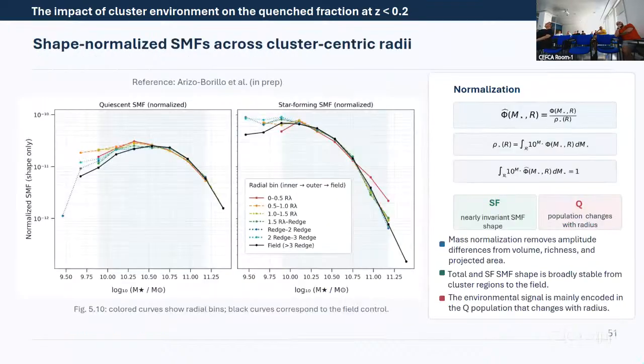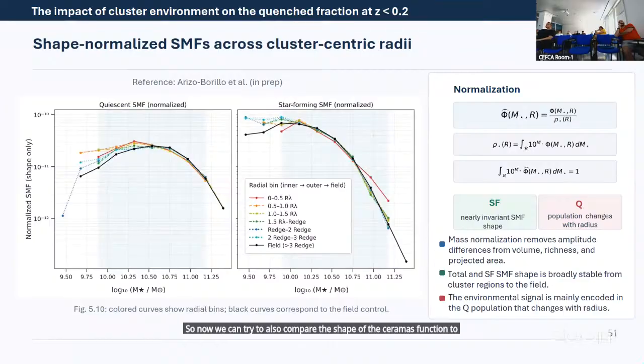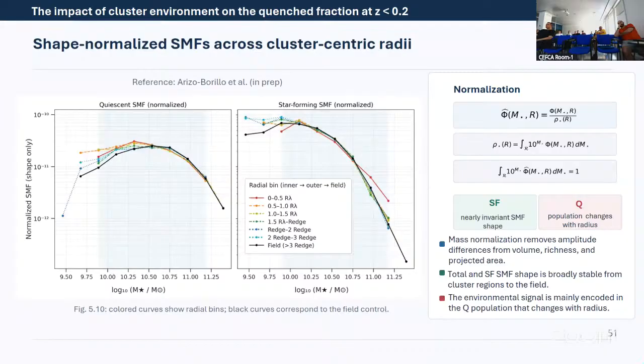So now we can also try to compare the shape of the stellar mass function to know what's going on. In this case, we'll focus on the quiescent and star-forming stellar mass function at different cluster-centric distances, with these colors.